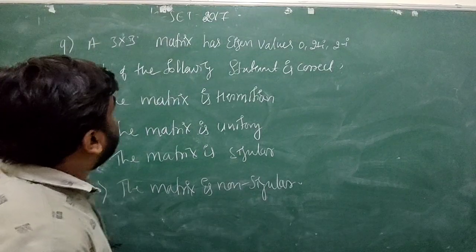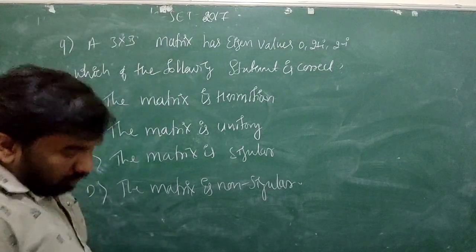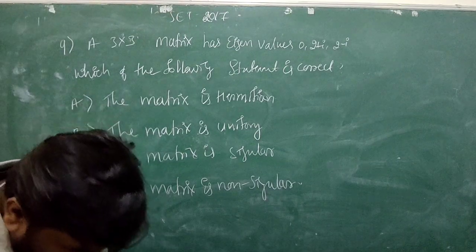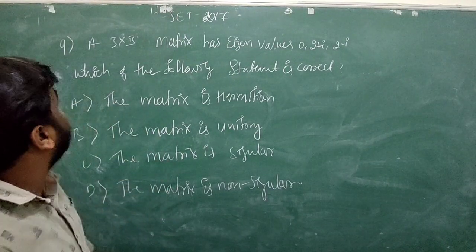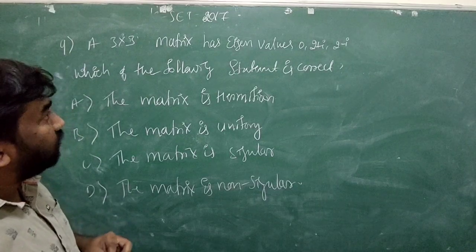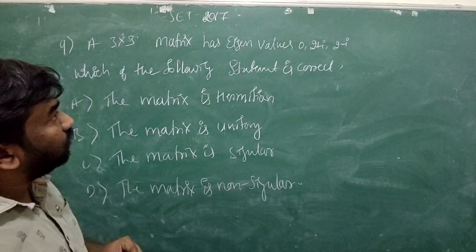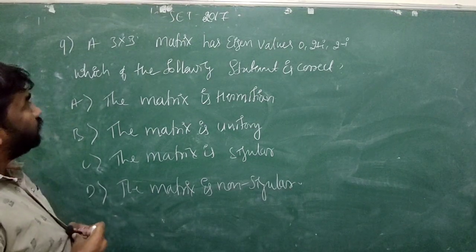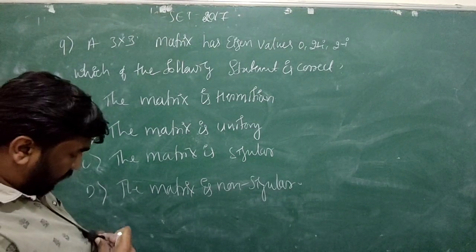So this is also a problem related to matrix. So here, see, a 3 cross 3 matrix has eigenvalues 0, 2 plus i, 2 minus i. Which of the following statements is correct?